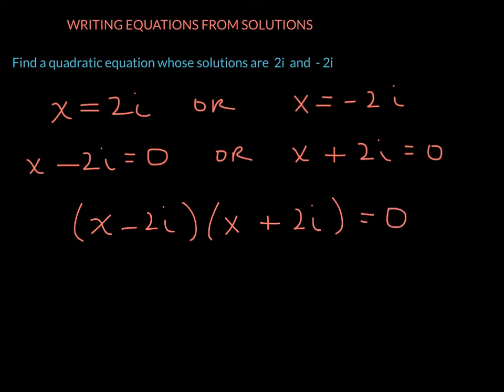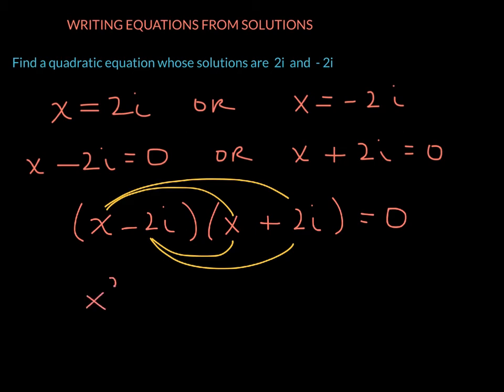Now, what I'll do is distribute x times x, x times 2i, x times negative 2i, and negative 2i times positive 2i. So be careful when you distribute here. You get x squared plus 2xi minus 2xi, and then you get minus 4i squared. Don't forget equal to 0.